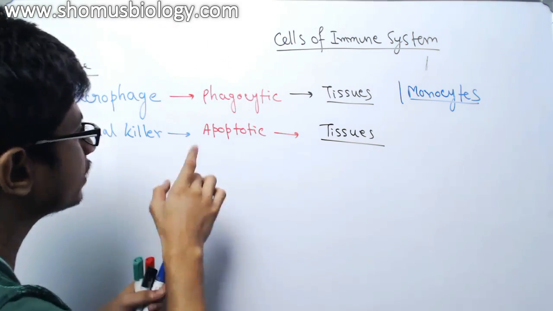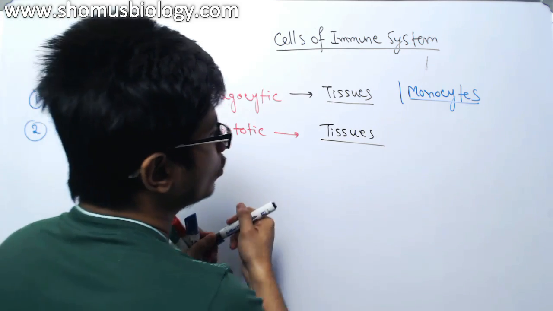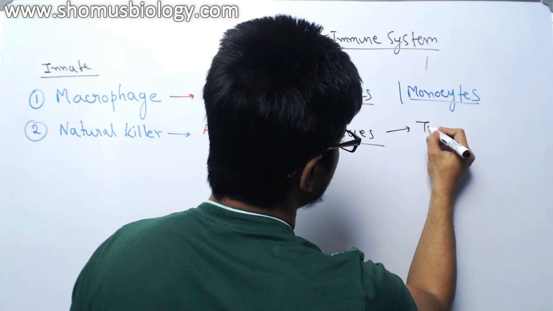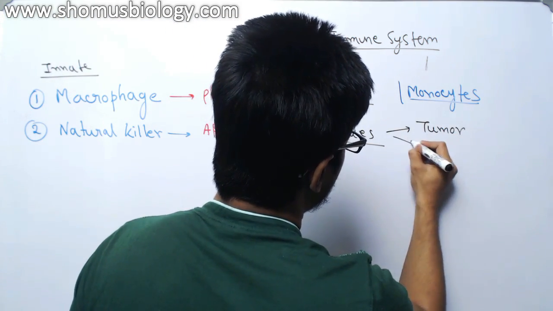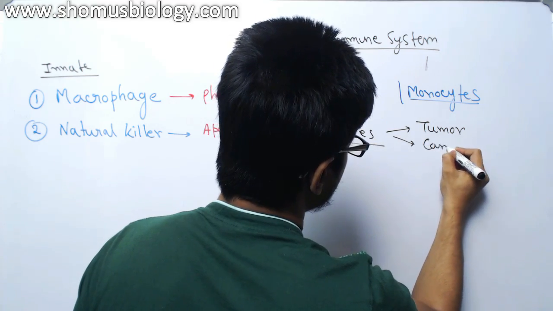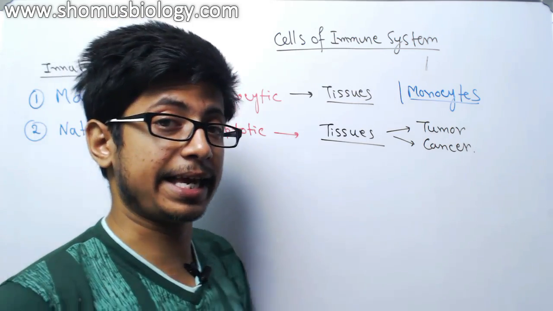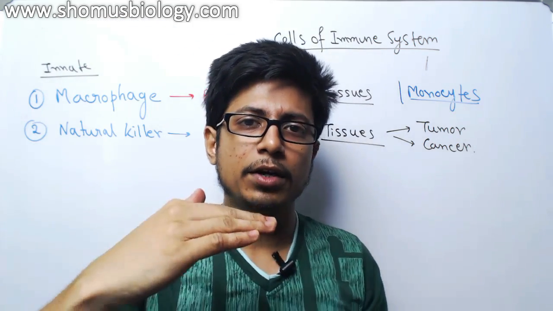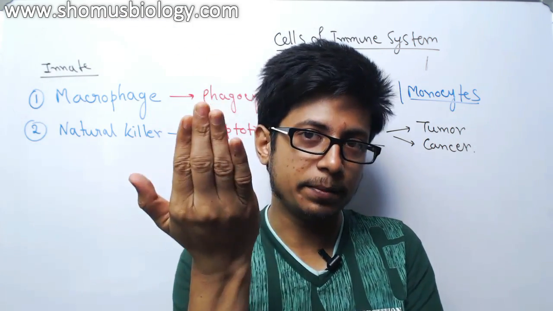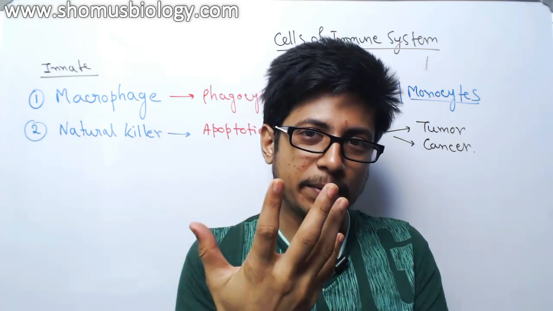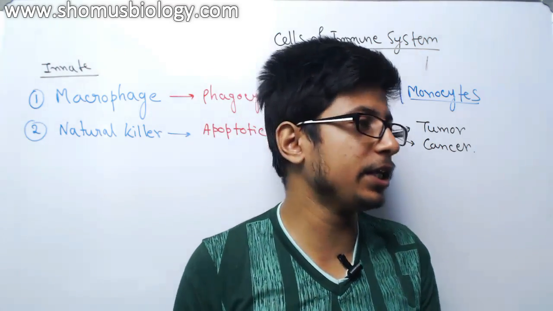So the job of natural killer cell mainly is to go against two types of cells, tumor cells and cancer cells, because there are so many types of modification that take place in the cancer cells. They have different phospholipids coming to the outside of the membrane, and they have change in the membrane lipid composition, so many variations.